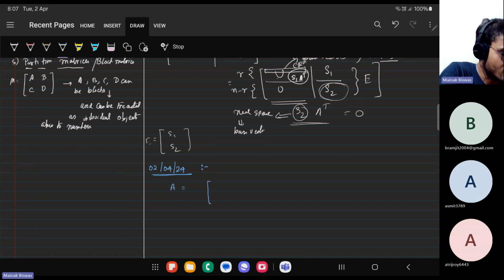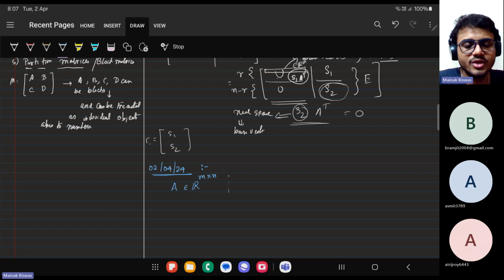So say you have a matrix A, which is m by n, so m rows and n columns. And you are told to find the dimension of the null space and the dimension of the column space of A. So what would you do?